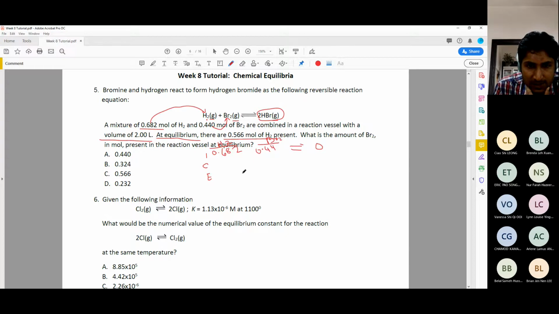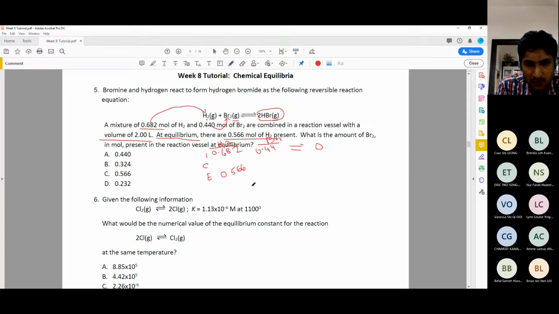So at equilibrium, 0.566 mole of hydrogen is remaining. How much hydrogen has been used up? We already have the amount, but we need to find out the bromine and HBr.